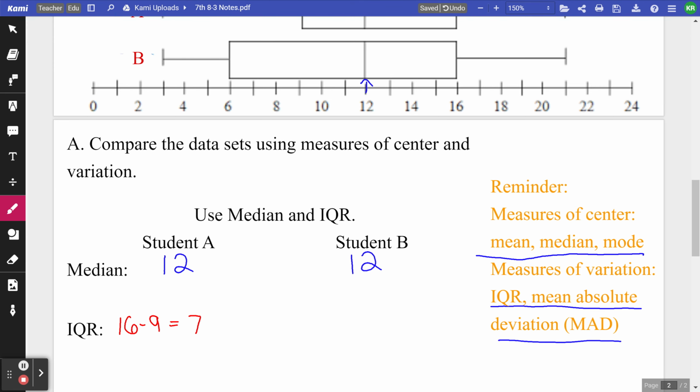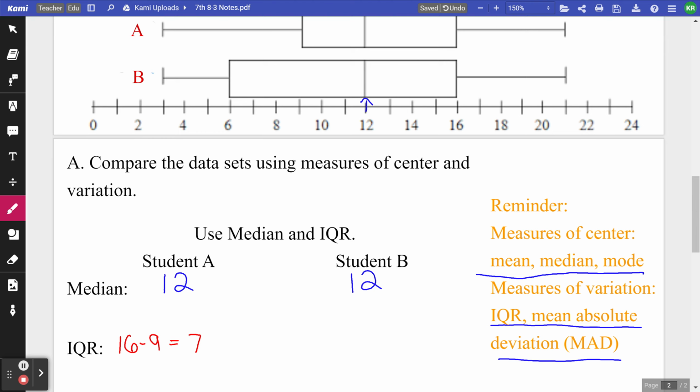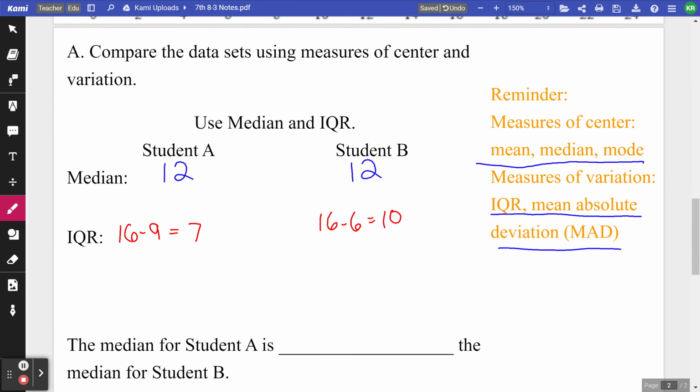And then for student B, the IQR is going to be going from 6 to 16. So 16 minus 6 is 10. All right, so those are our IQRs and those are our medians for the data set.